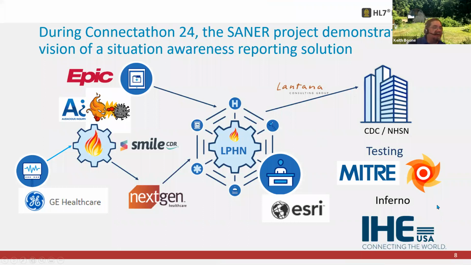And IHE USA also provided support by offering to reproduce many of the processes with some of the folks involved in IHE who are familiar with those processes in terms of verifying test results, manually validating examples, and keeping track of everything that was going on and who was testing with whom.